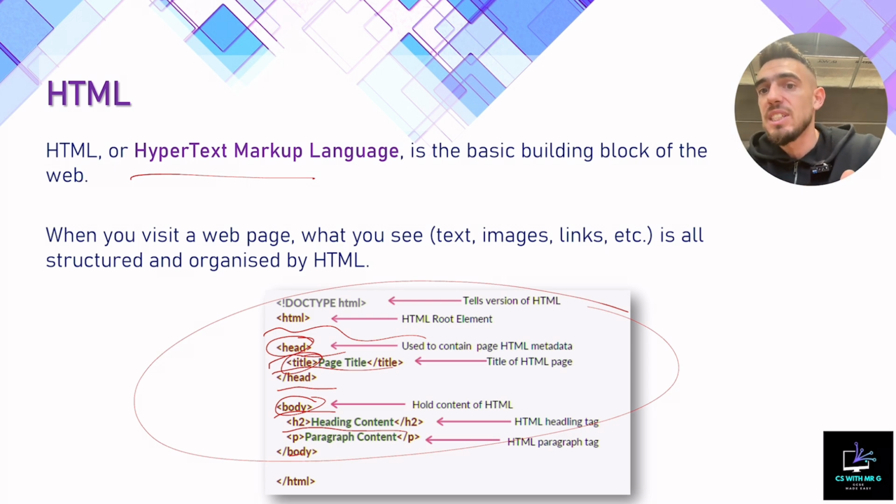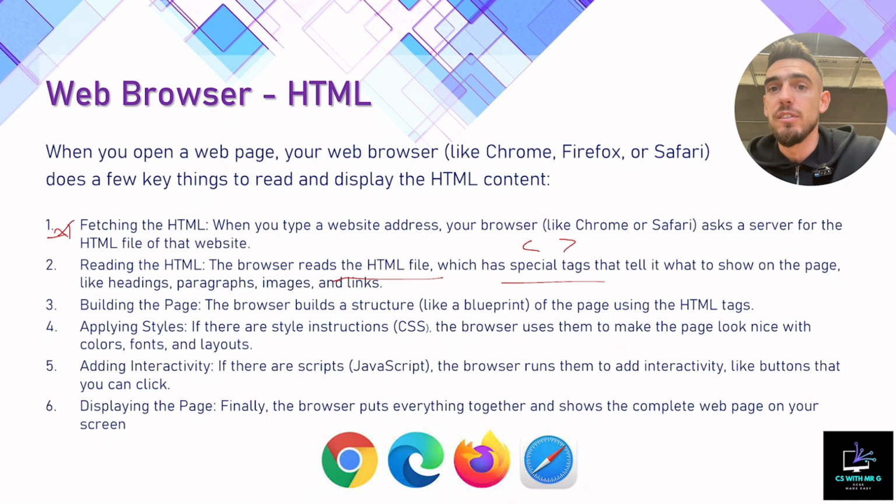Okay, so for example, title here will make the text in between be big and bold. Body will just separate it into its own little section on the page. H2, the headline or heading tag, okay, and that will make this text here look like a heading. But this is what's happening in the background. The web browser receives the HTML file and displays it on your page in a nice structured format.